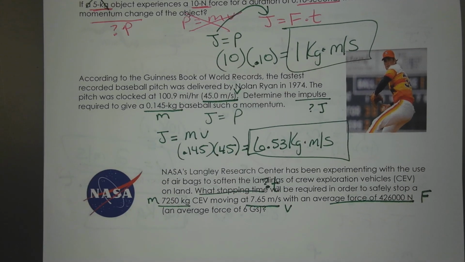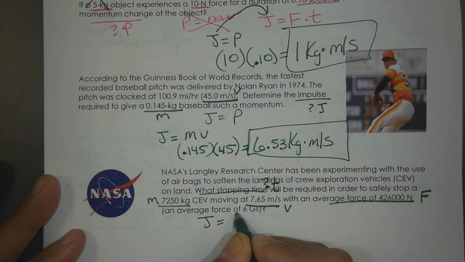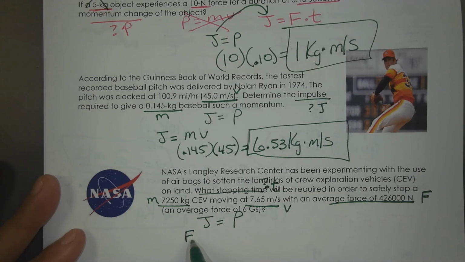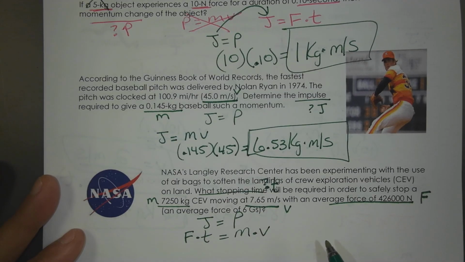Okay. Well, personally, I definitely see a T, an F, a V, an M. My brain is going to go ahead and go to the momentum equals impulse situation over here. And I can have 3 variables and solve for 1. So I'm going to go ahead and write J equals P, or I can write for this situation FT equals MV.